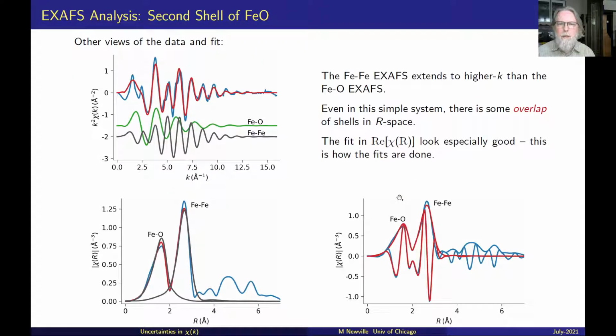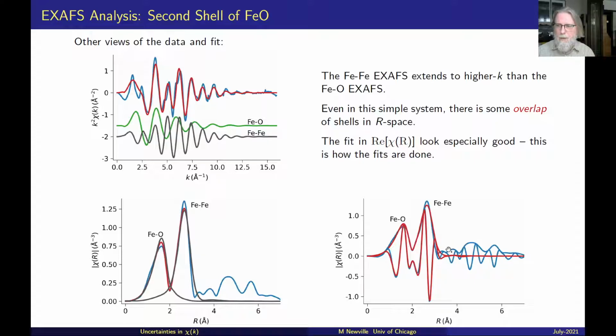But now, as we look at this, we can see that that's kind of accidental. There is iron-iron scattering over a wide range, and iron-oxygen scattering over a wide range. So we really want to be careful about where we say a minimum in the data implies a break between two shells. In fact, we get a better fit here shown in the real part of chi of R. We get a better fit once we include the higher shell. We get a better fit for the iron oxide once we include the iron-iron.